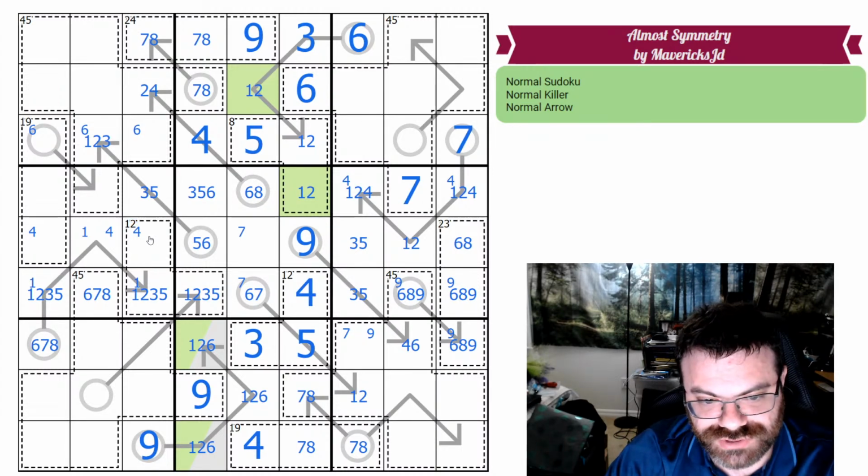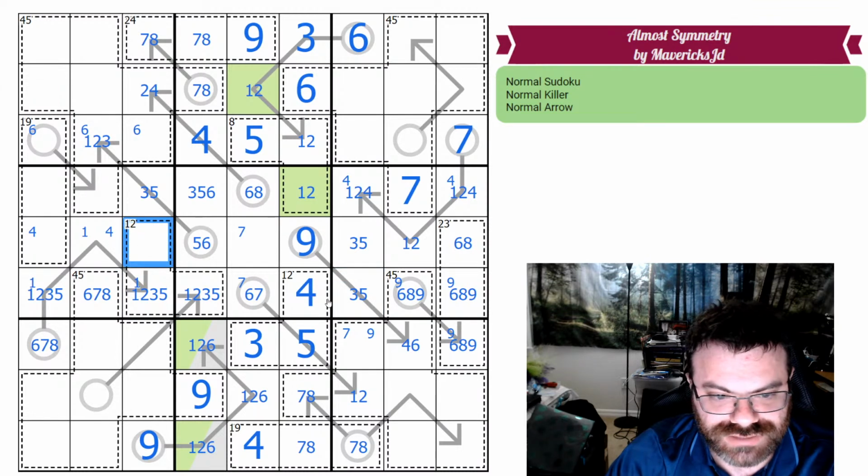I see. So if this were a 4, we need 8 here, which could only be 3, 5, and that breaks this 3, 5. So this is not 4.